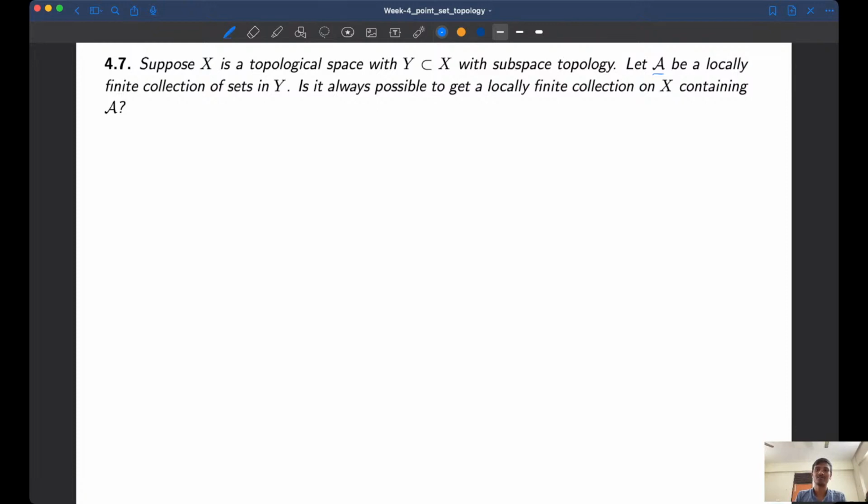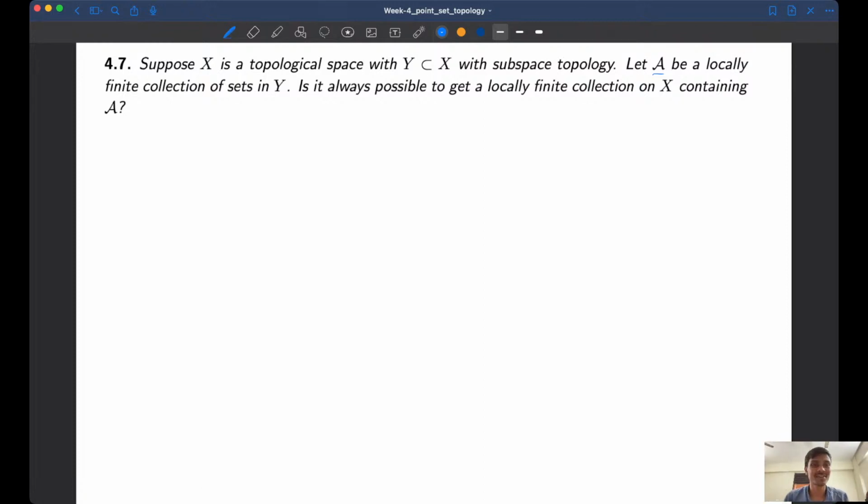So you're asking if we can have a bigger collection than this one which might be locally finite. I think the answer is no. Do you have an example? I don't have an example, but I feel it should be no, because if we extend it, then X could be something much bigger, and we might not have a locally finite collection. Yes, the intuition is correct.